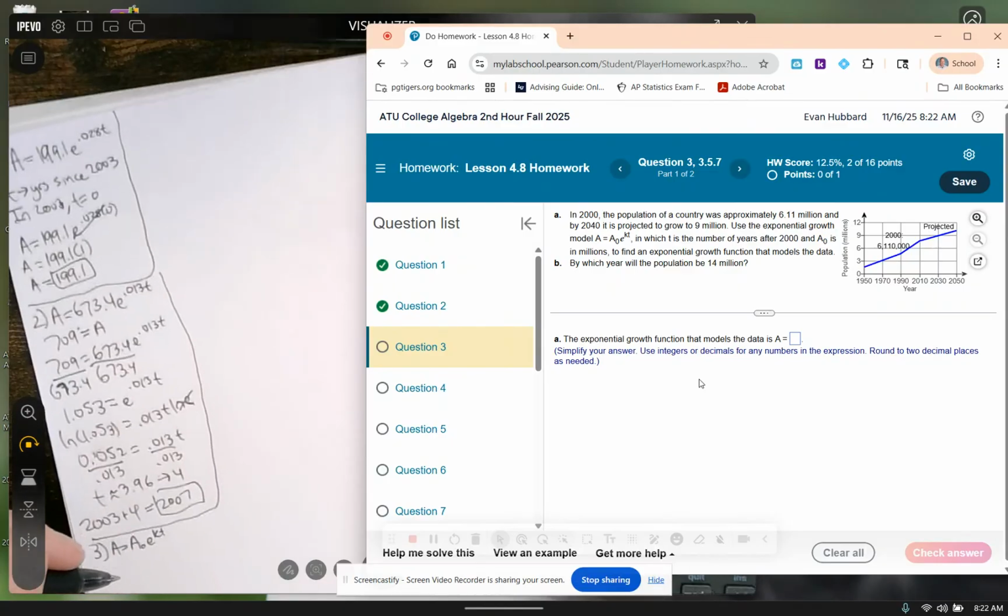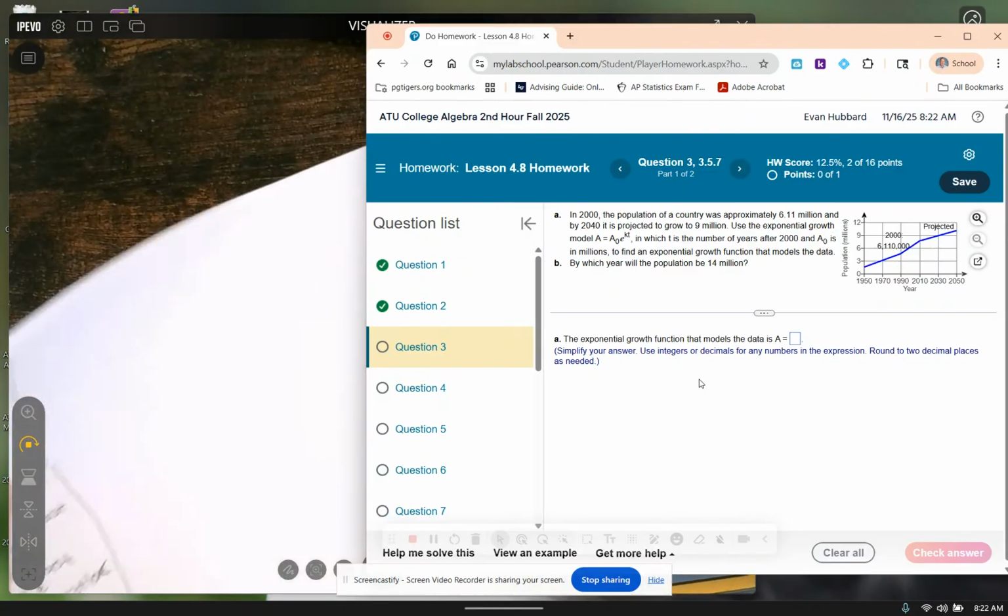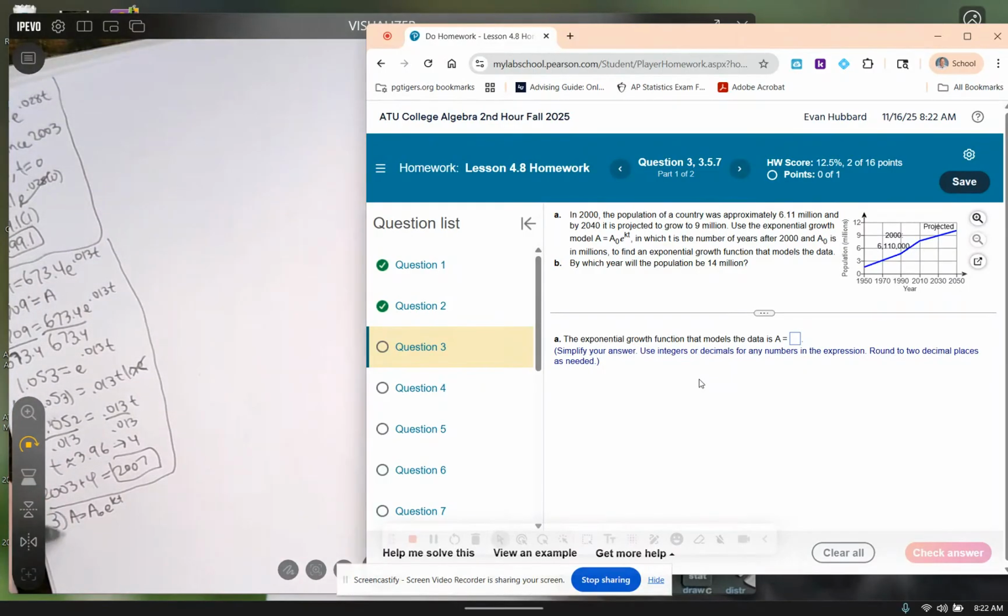It starts off in 2000 at 6.11 million, so that's going to be A naught. In 2040, it grows to 9 million, so that's going to be A. And then t is going to be 2040 minus 2000, so it's going to be 40.